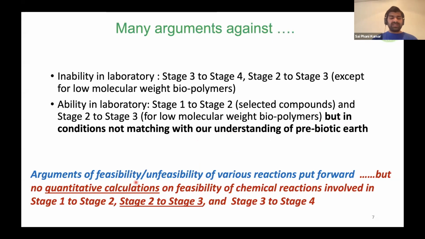So arguments of feasibility and unfeasibility of various reactions have been put forward, but there are no quantitative calculations on the feasibility of chemical reactions involved in stage 1 to stage 2, stage 2 to stage 3, and stage 3 to stage 4. Considering these points, Professor Sudipto Ghosh instructed us to carry out this research from stage 2 to stage 3.